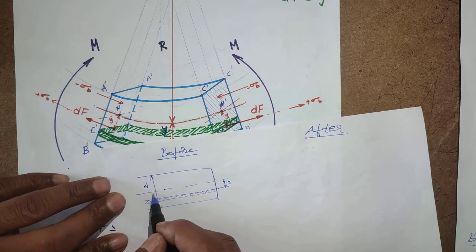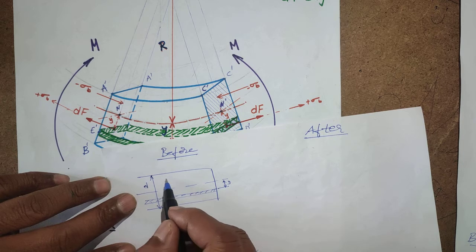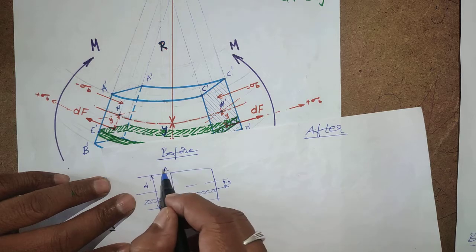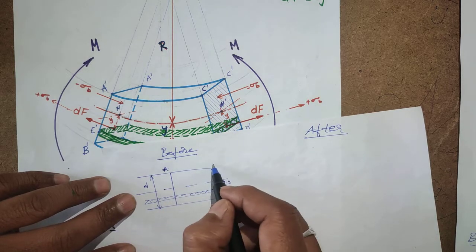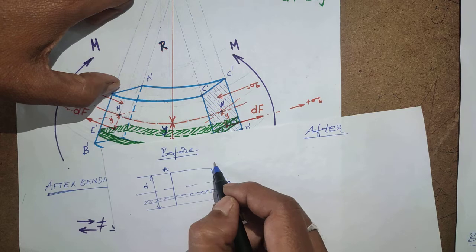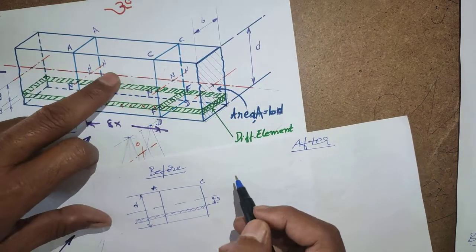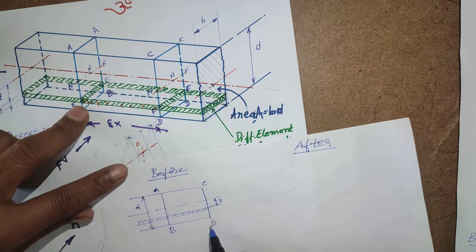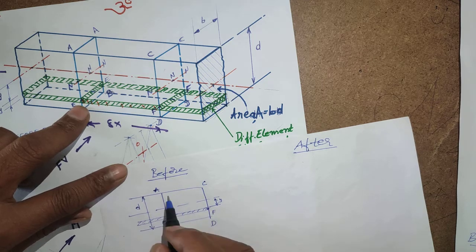This is A. This is C. This is AC. This is BD. This is our consideration layer E, F. This is N.